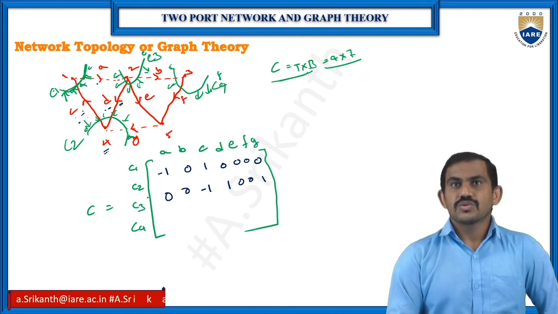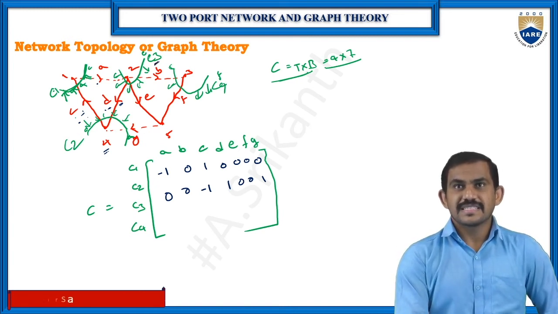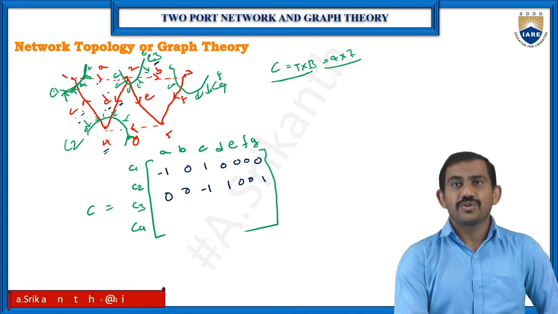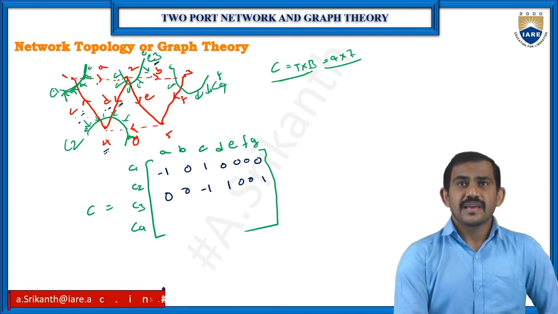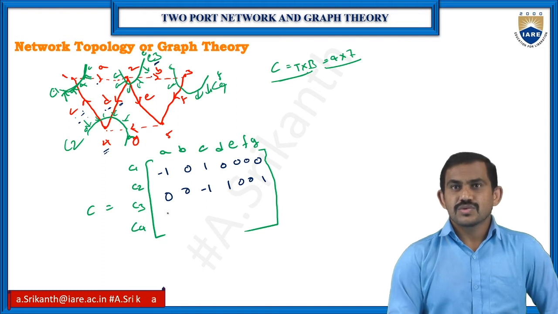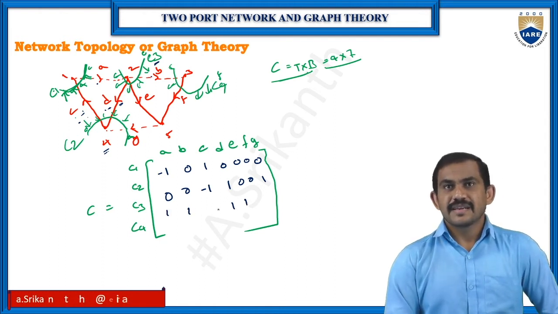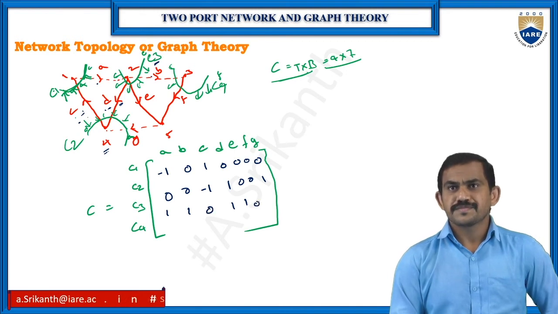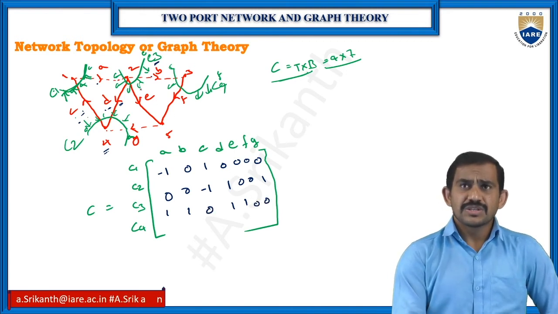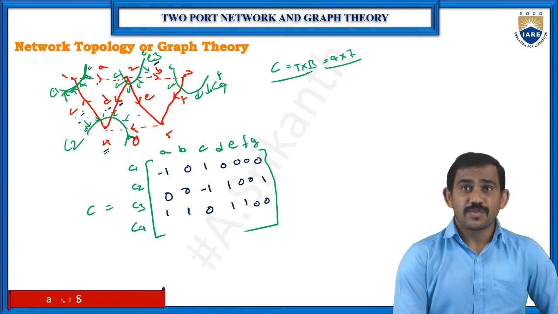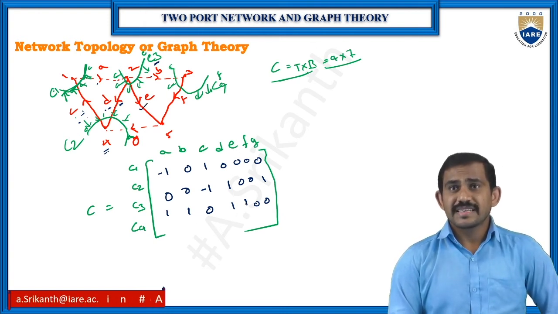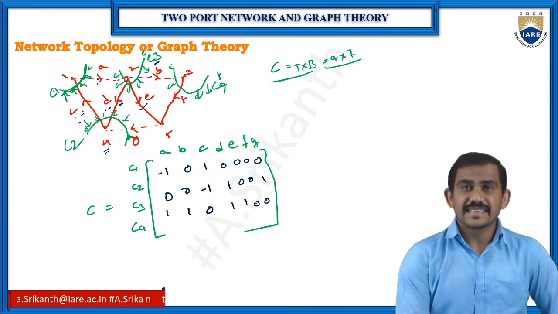Coming to node 2, so C3. At C3 we have 4 branches: A, B, D, E. So A, B, D, E are connected. Remaining are 0. Now coming to direction, E direction is outgoing, so outgoings are positive. E is outgoing and B also outgoing, and D outgoing, and A is incoming.